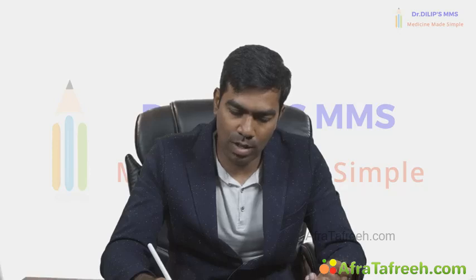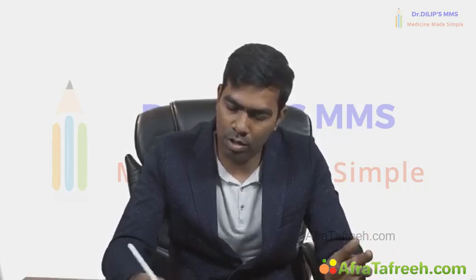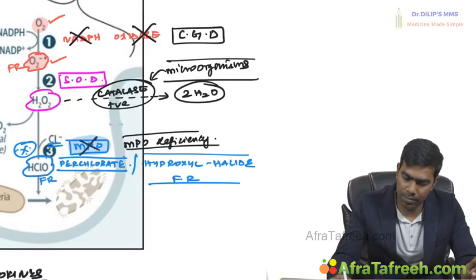So what are the catalase positive microorganisms that escape this oxygen dependent killing? Not completely, but somehow they try to escape from this oxygen dependent killing by producing catalase enzymes. Catalase enzymes are produced by a lot of organisms. For example, it is also produced by staphylococcus, a very classic example.